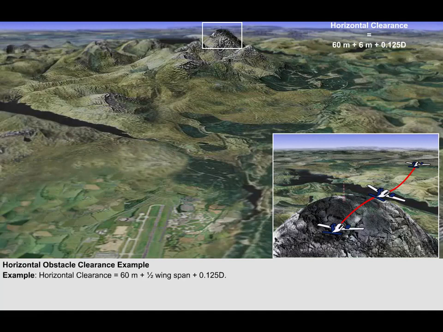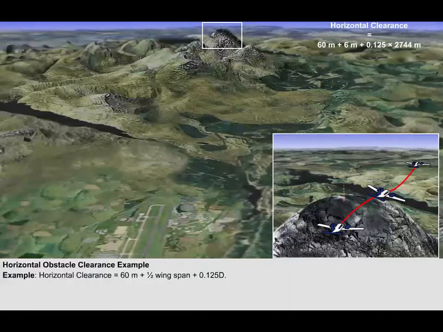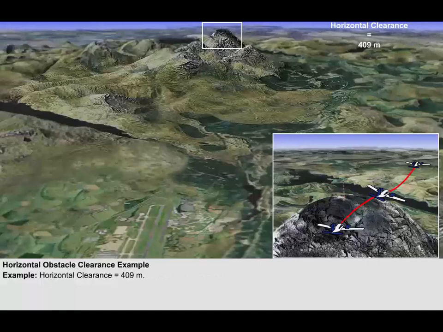D represents the distance from the end of the takeoff distance required to the obstacle, and in our example from earlier, we used 9,000 feet as being the distance to the obstacle, which is 2,744 meters. The formula gives us a horizontal obstacle clearance of 409 meters.